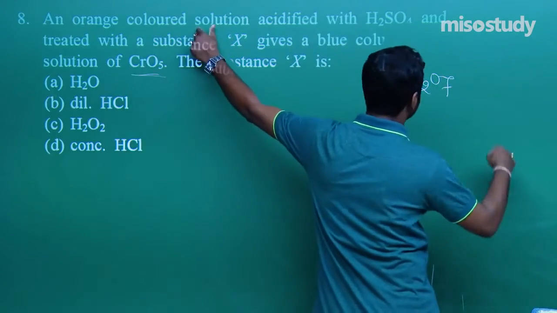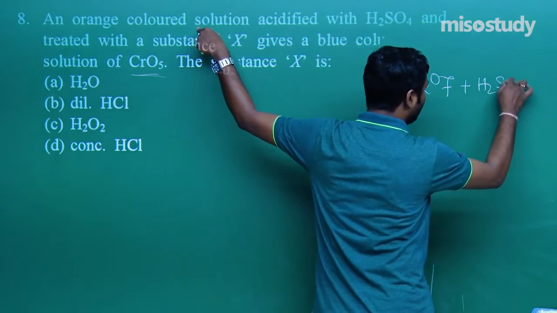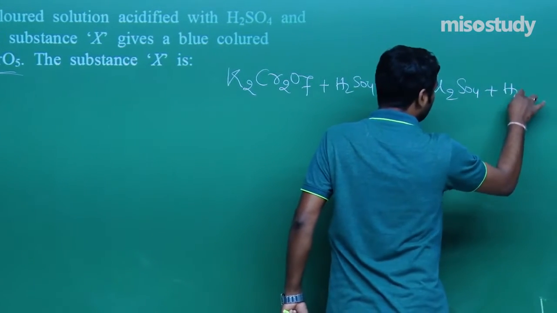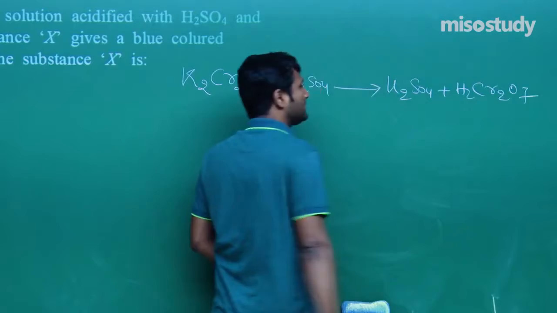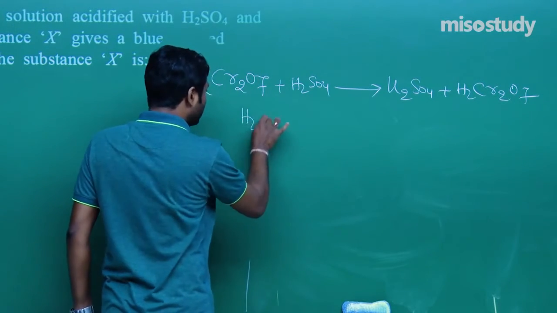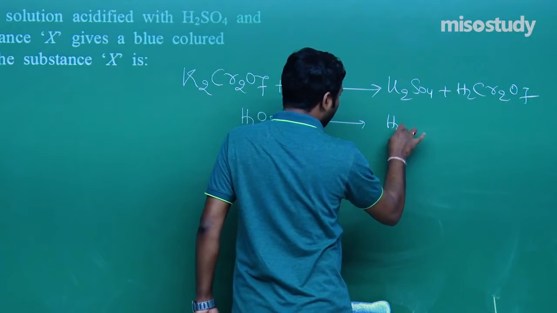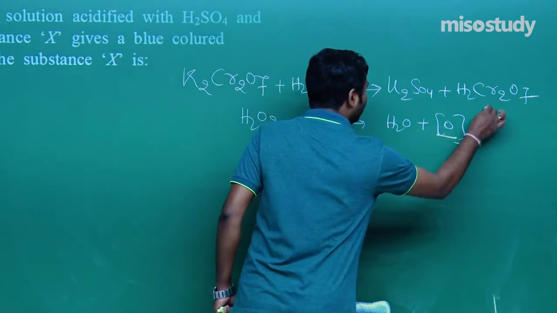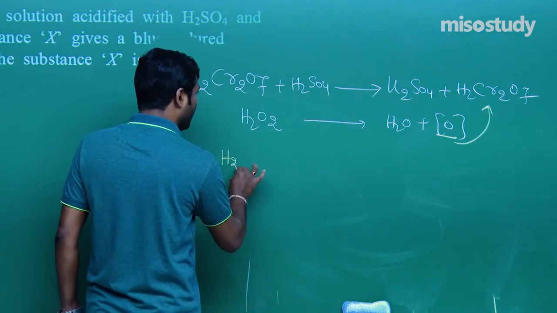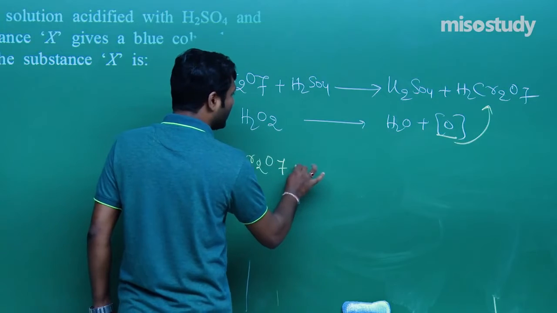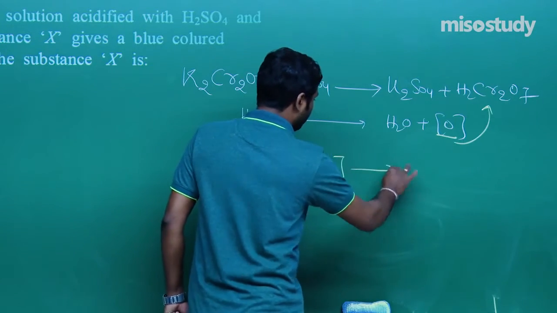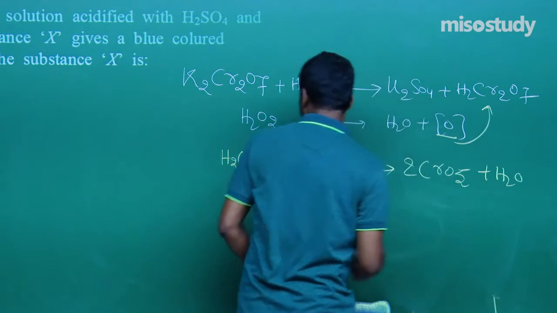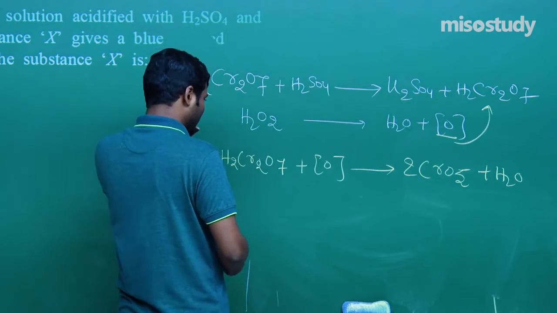K2Cr2O7, an orange colored solution, acidified with H2SO4, gives you K2SO4 and H2Cr2O7. Now, H2O2 will attack on this, and H2Cr2O7 gives you CrO5 plus H2O. Now, how to balance the reaction?